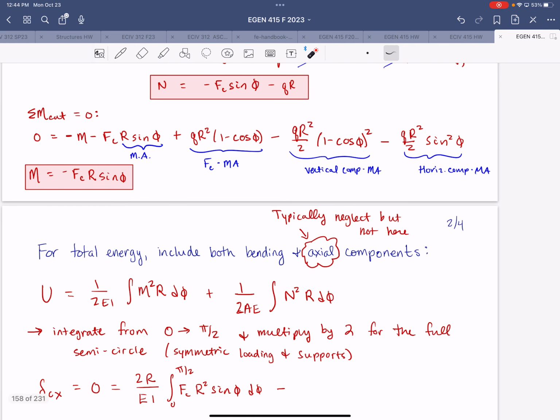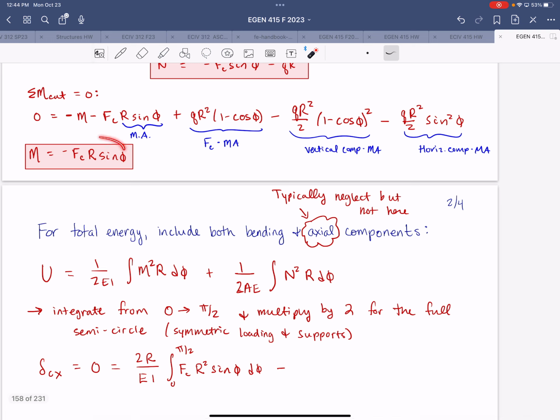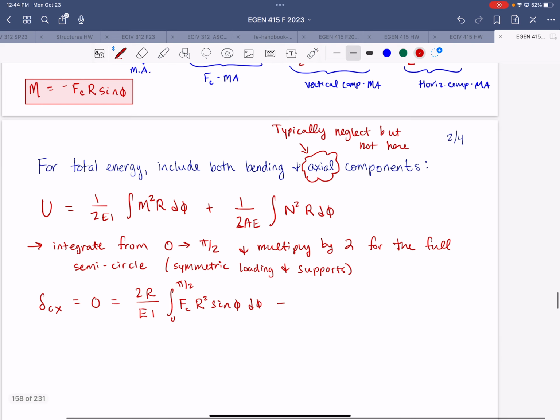F R sine phi, and then the partial derivative of that with respect to F is negative R sine phi. So the two negatives cancel out, so we have a positive. And then on the other side, we're going to end up with a net negative here. So it's going to be minus 2R over AE times the integral from 0 to pi over 2.